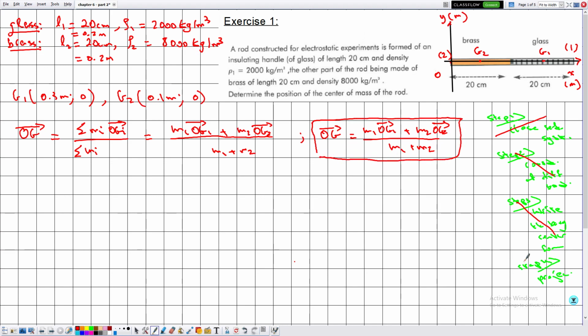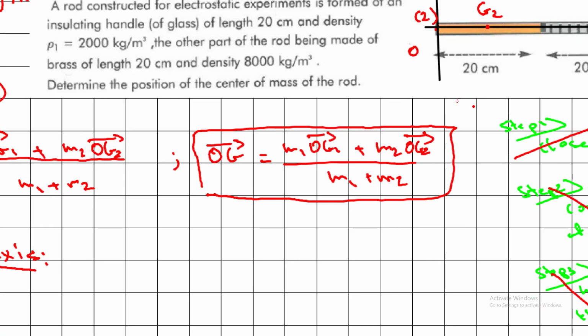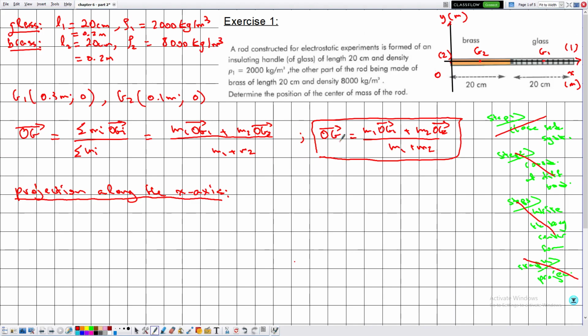So the next step is to project. Let's start with the x-axis. So projection along the x-axis. A vectorial relation can always be decomposed into its x and y components simply by dropping down the vector and labeling the vector quantities by x.